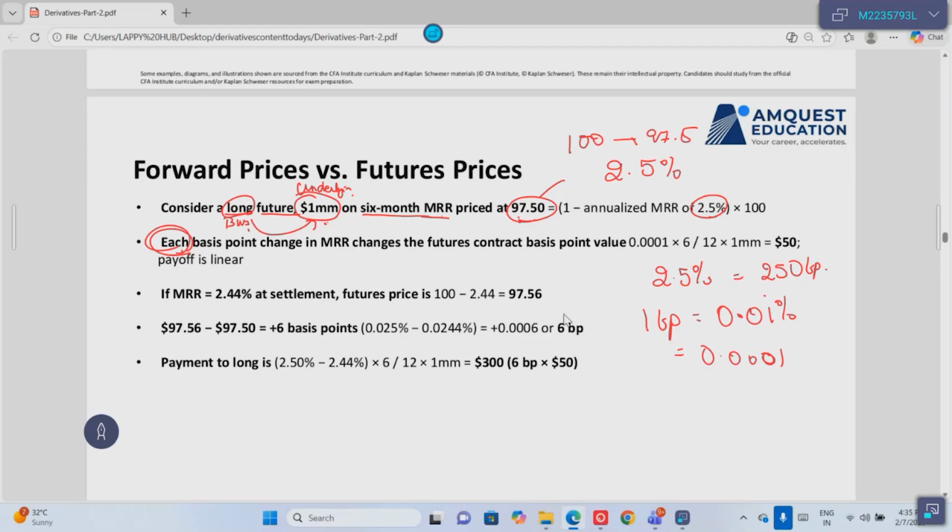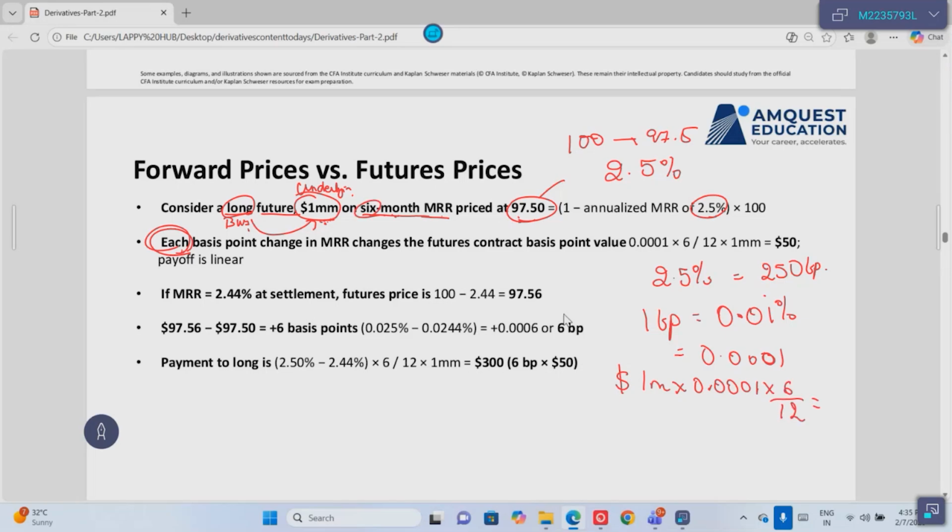Now this contract is for $1 million for a 6-month pricing. So let's look at the value. $1 million times the change in my interest rate of 1 basis point, which is 0.0001, and it is a 6-month contract, so I'll multiply by 6 upon 12.